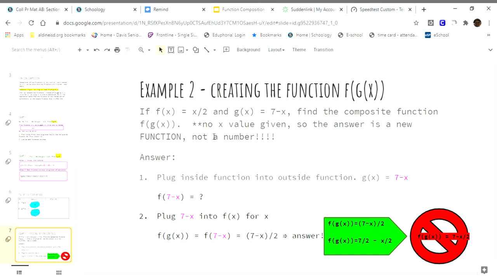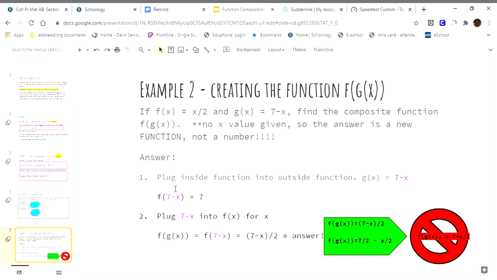What you've got to notice here, I did not give you a value of x to plug in. So you are literally plugging in the function g to f. There will not be a number for your answer because I didn't give you a number to plug in. Your answer has to be a function. So it will be f of g of x equals whatever expression you find.